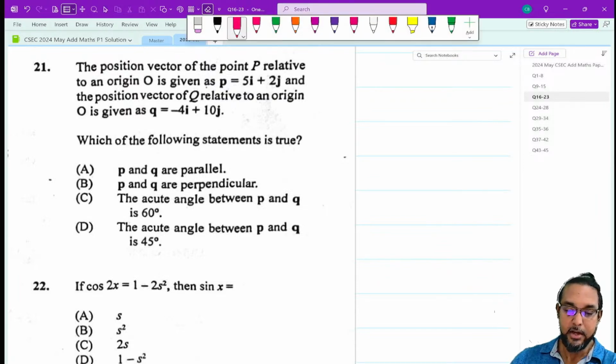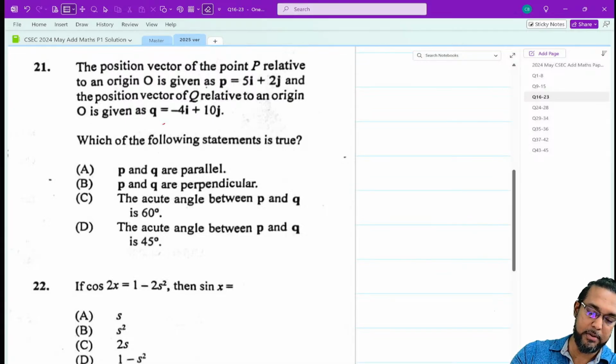So yeah. Okay, the position vector of the point P relative to the origin is that, and the position vector of Q is that. Which are true? Okay, so if they are parallel, then they are scalar multiples. It means that if we factorize, if we pull a minus 2 out here, you're going to get a positive 2i minus a 5j.